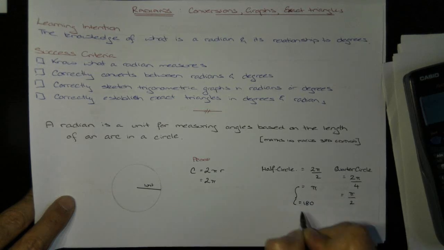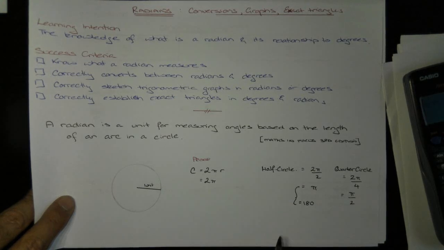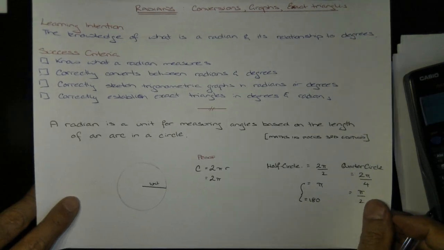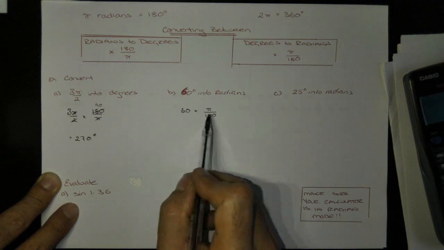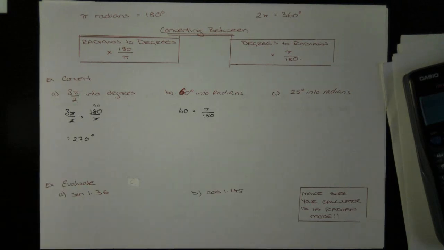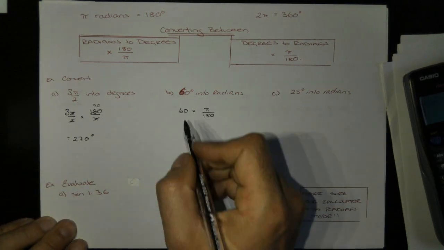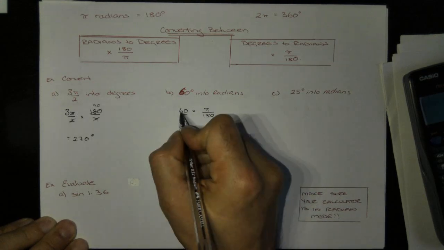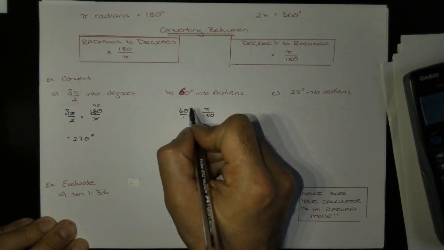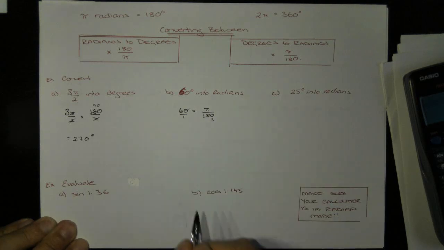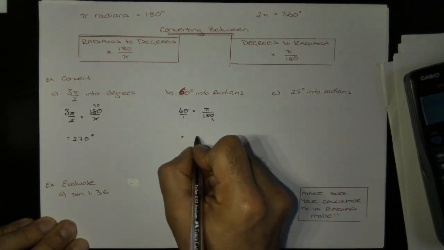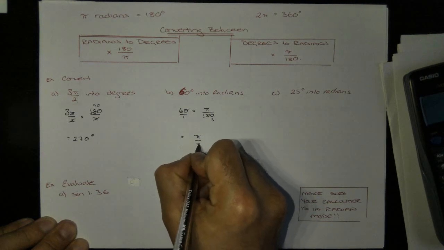And notice that pi and 180 mean the same thing. Yeah, and so that's why I'm multiplying by that, in terms of a semicircle, basically. So 60 goes into 180 3 times. So my final solution is pi over 3.